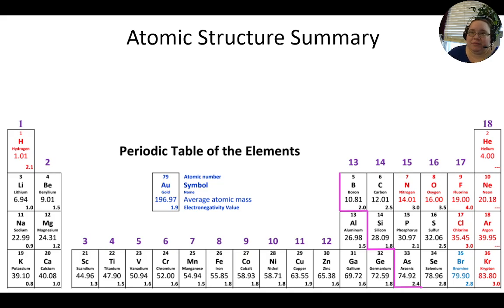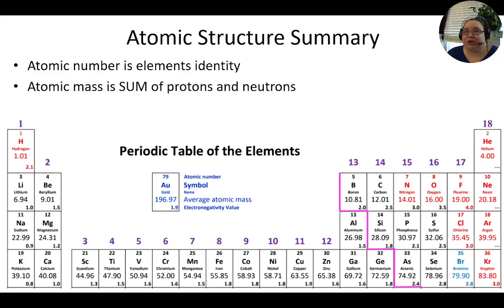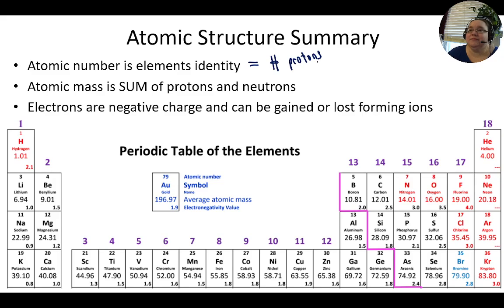So, real quick summary, when you're trying to determine your subatomic particles, that atomic number is the identity. That atomic number determines the number of protons. The atomic mass is the sum of protons and neutrons.